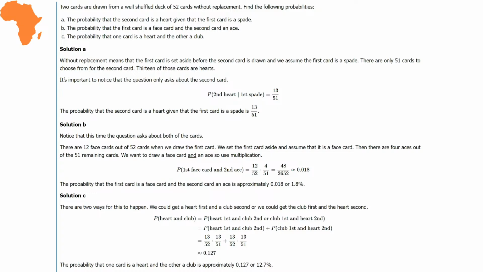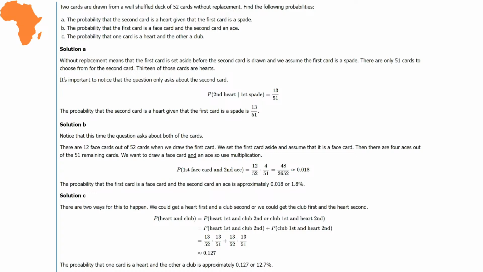There are 12 face cards out of 52 cards. We draw the first card. First card is a face card, second card is an ace card. We set the first card aside without replacement, assuming it's a face card. So, then there are 4 aces out of 51 remaining.